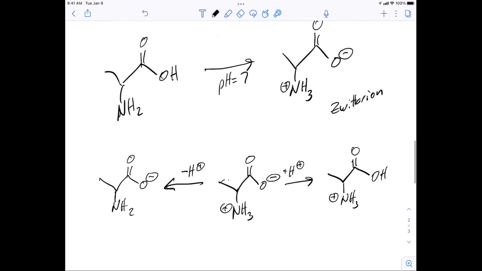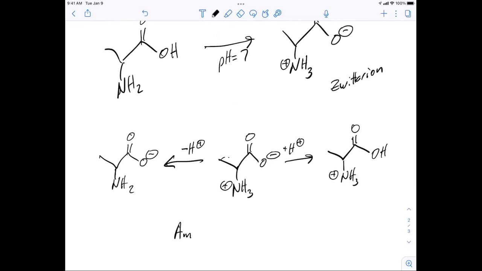Go this way, which means for amino acids, you're going to have a pKa 1 and a pKa 2. So when you get to that, you'll see this terminology of the pKa 1 and pKa 2. And that is going from the anion to the neutral zwitterion species, and then protonating that again to get you to the positive species.